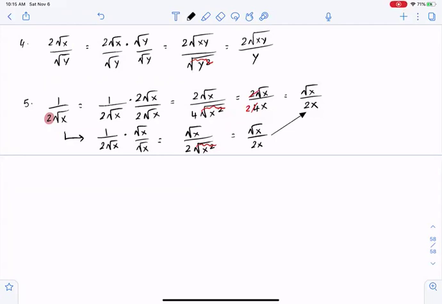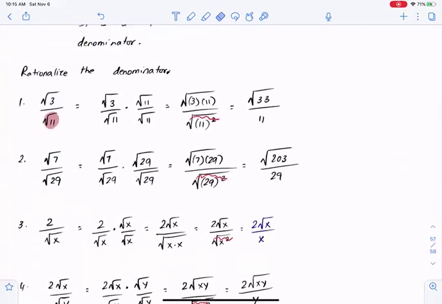At the end of the day, even if by some chance you use that number in rationalization, it will get cancelled when the time comes, just like it happened in the first method, when I rationalized it by multiplying and dividing by 2 root x. The 2 and the 4 got cancelled. So even if we did it that way, terms will get cancelled and you will get the same answer.